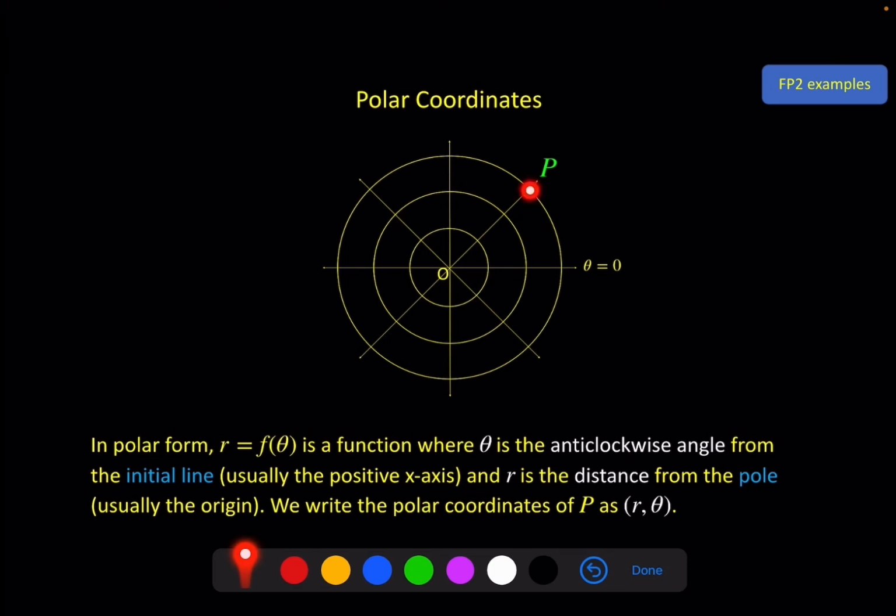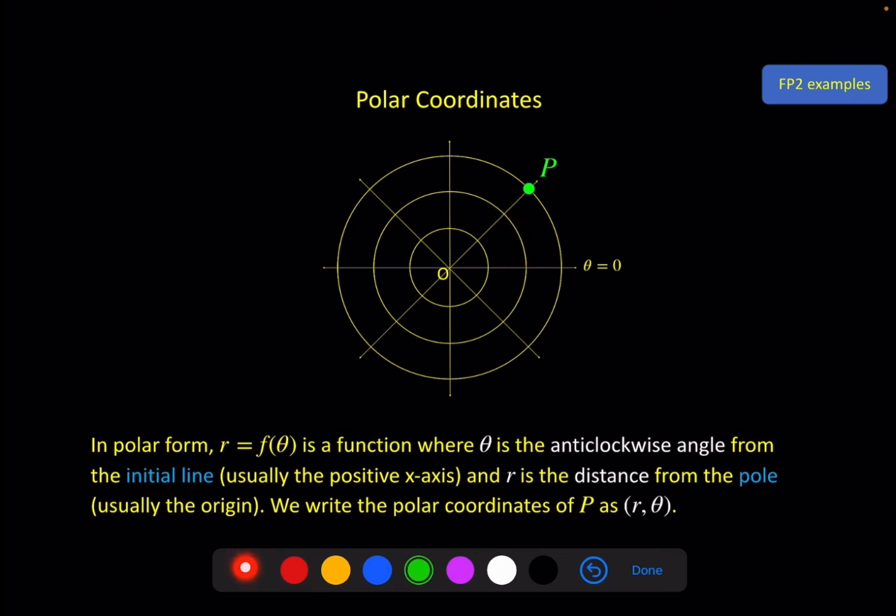So just a few quick examples of how you might see this written. Here we have point P. If each of my circles here indicates a unit of 1, then this has a radius of 3, and the angle going around from theta equals 0 here, anti-clockwise all the way around to 2 pi back at 0, would be pi by 2, pi, 3 pi by 2, 2 pi or 0. And if this is pi by 2, then this must be pi by 4.